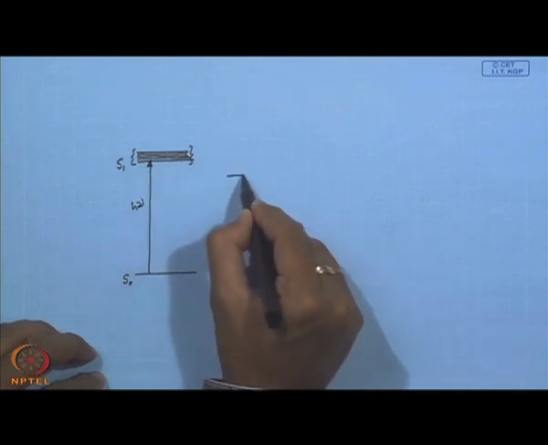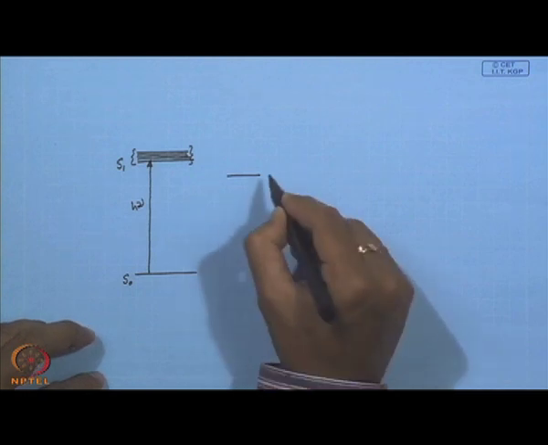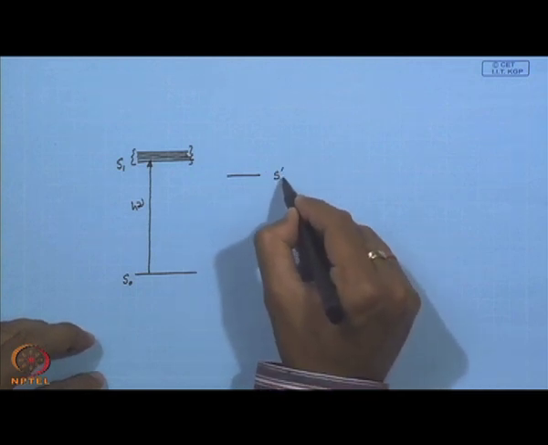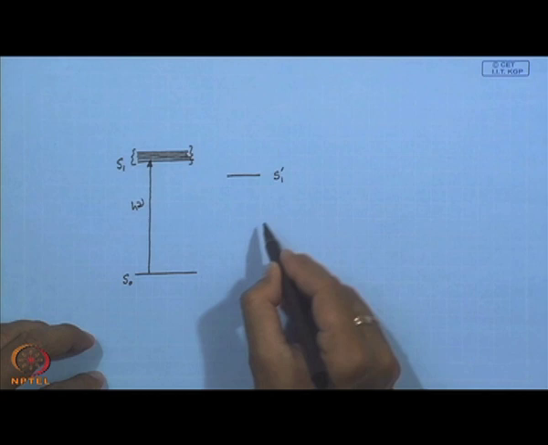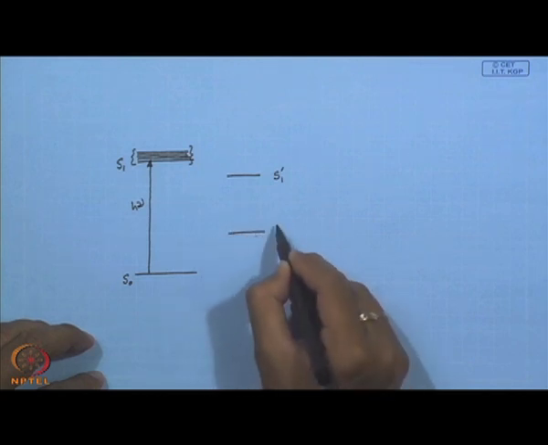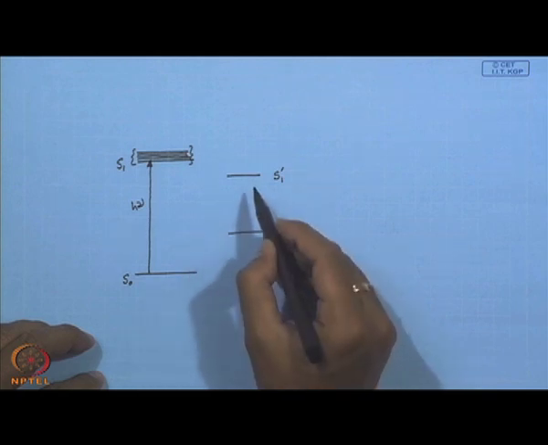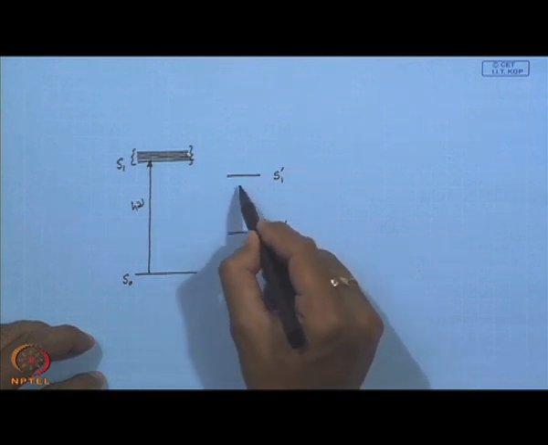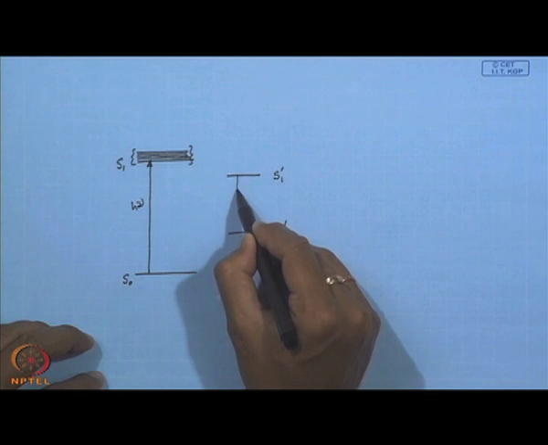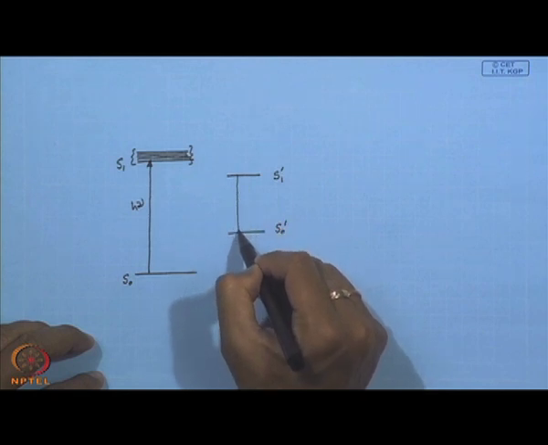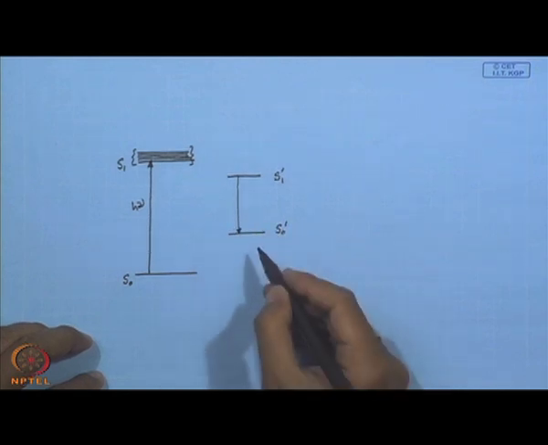place, leading to another state. This is your proton transfer state S1 prime, and then this is another state S0 prime.